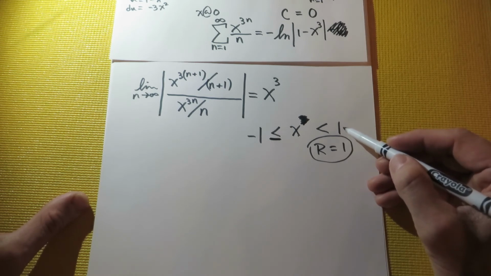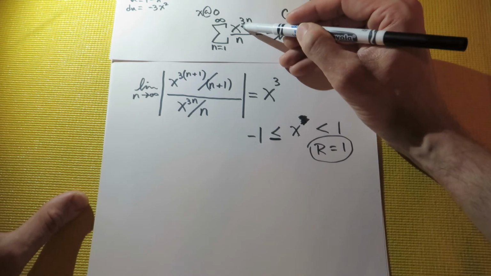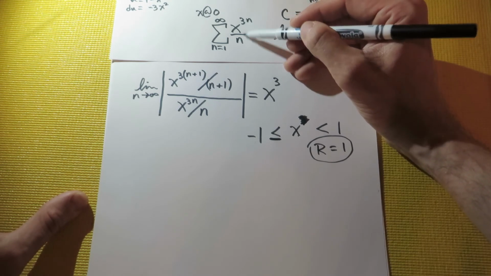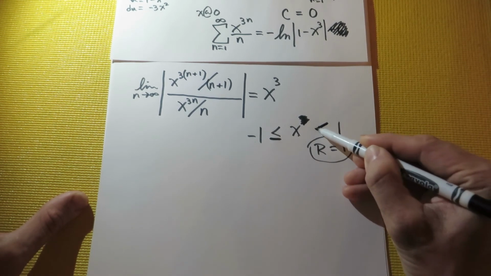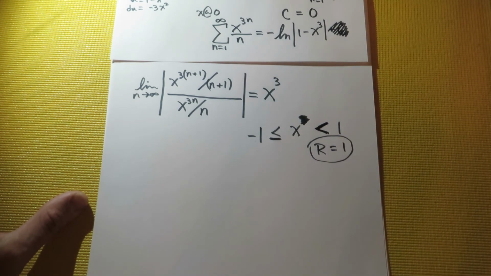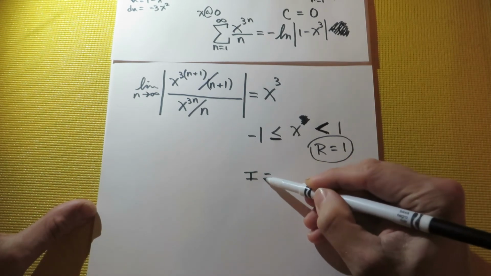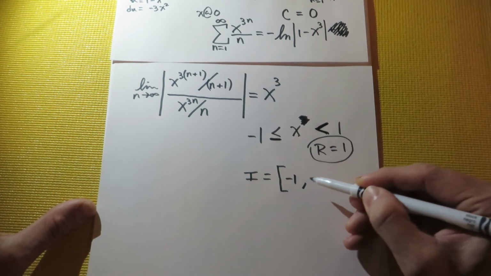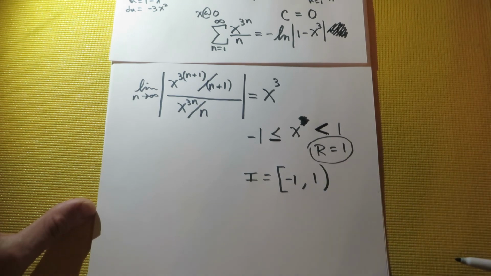And when x is equal to 1, then we just have 1 cubed, which is just 1 to the nth power, which is just going to be 1, and then we just have our divergent harmonic series. So we know that this is not part of our interval of convergence. So we could say that our interval of convergence here is going to include -1 and exclude 1. And we are done.